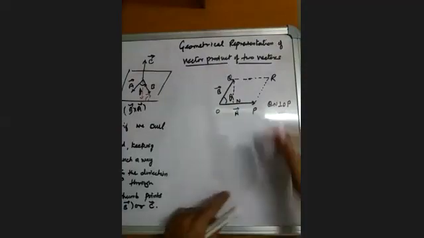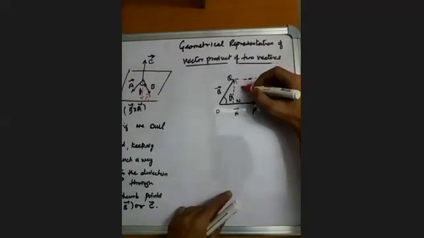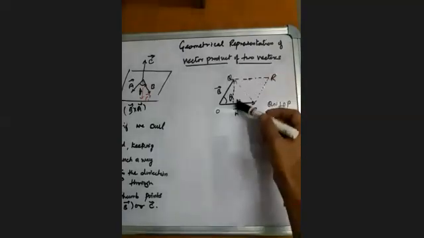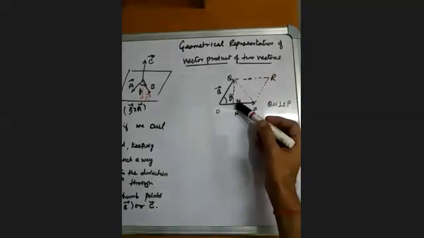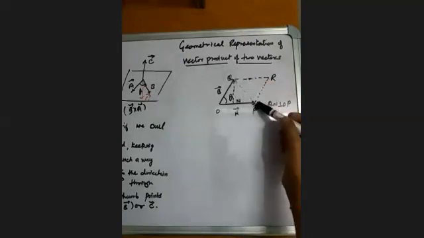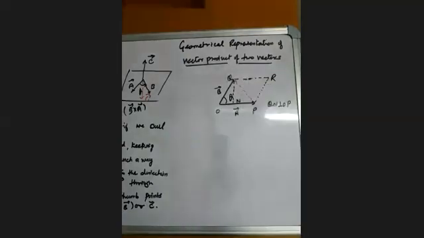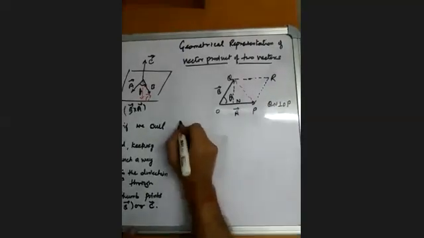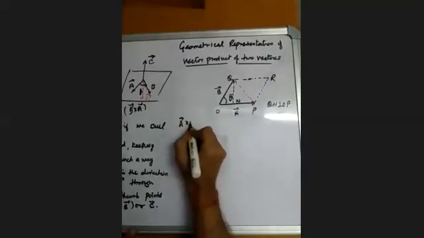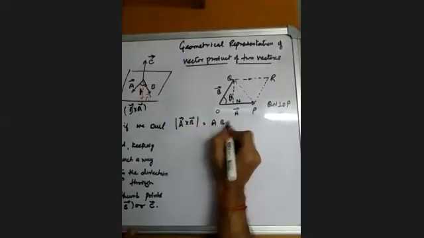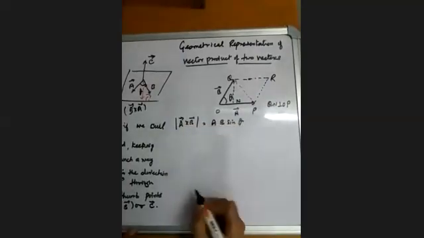Join P and Q. So we have dropped a perpendicular from Q on OP, that is QN perpendicular to OP, and we have joined P and Q. Now the magnitude of A cross B is given by AB sine theta.